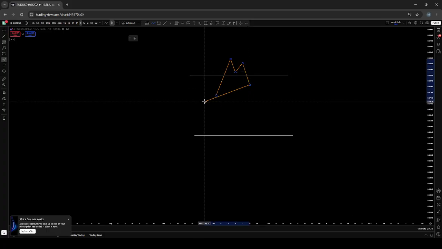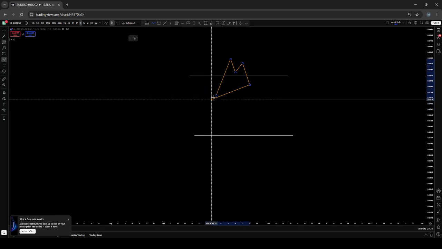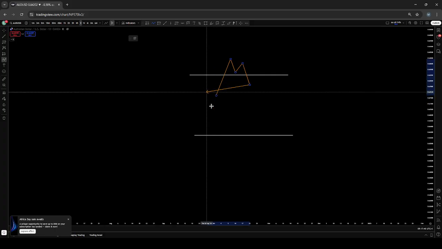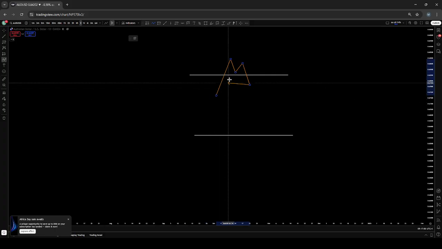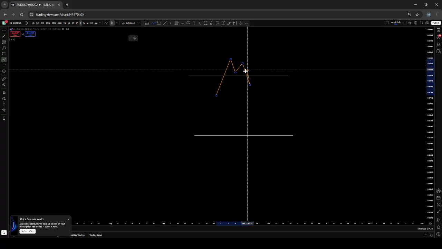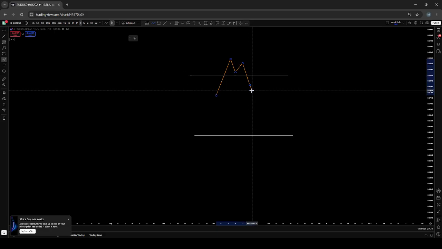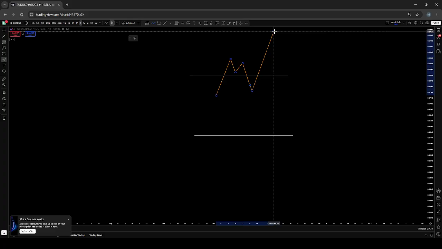But if you have inversions that are waiting for you, when there are inversions at this region below the whole clearing, you can now know that, okay, this one here will not hold. What price is just doing is retracing into that inversion to continue moving.